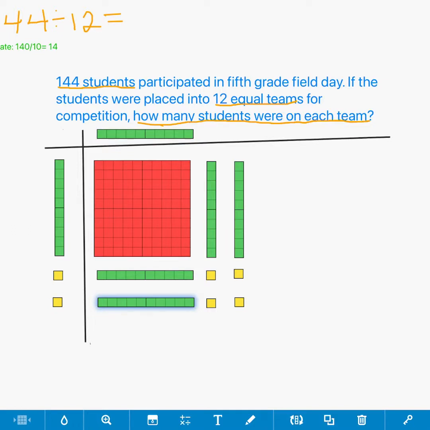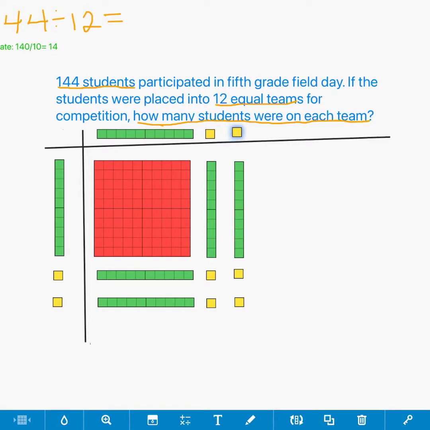And now I'm moving on to my next place value, which is my tens place. So 10 divided by 10 is 1. 10 divided by 10 again is also 1.